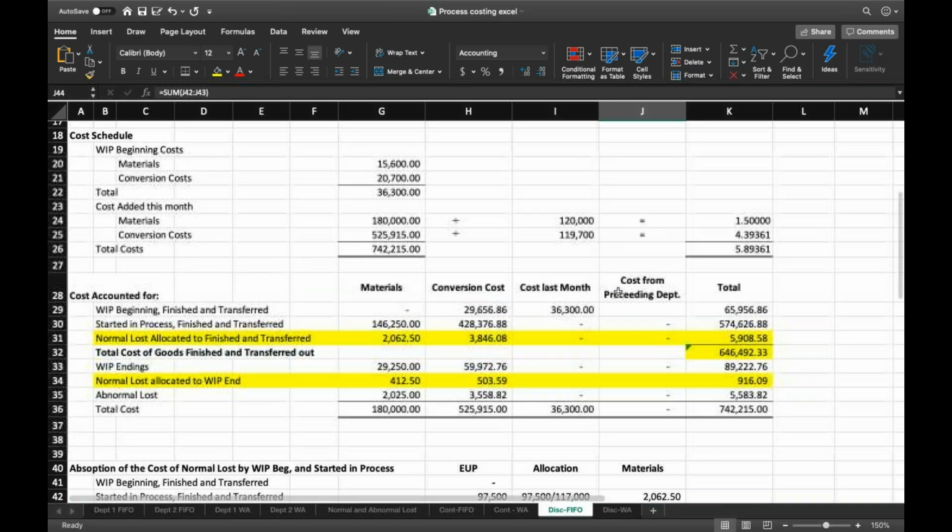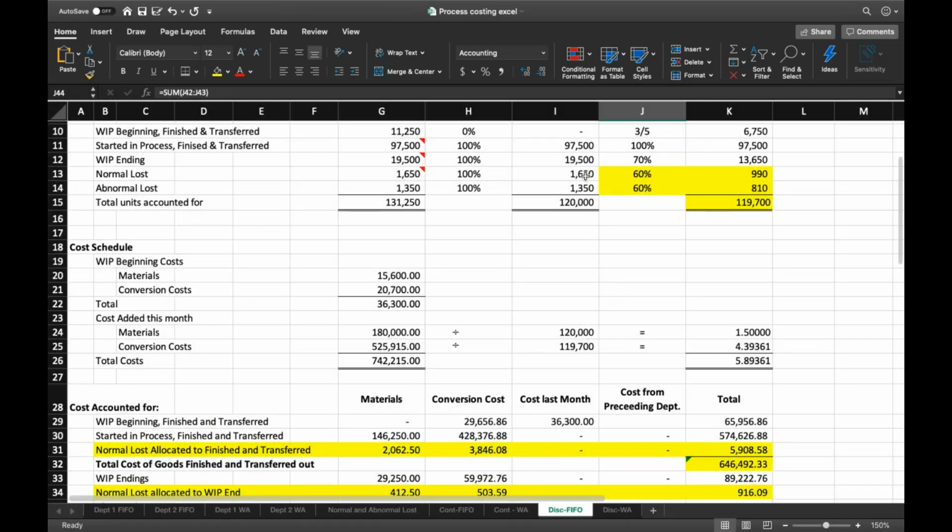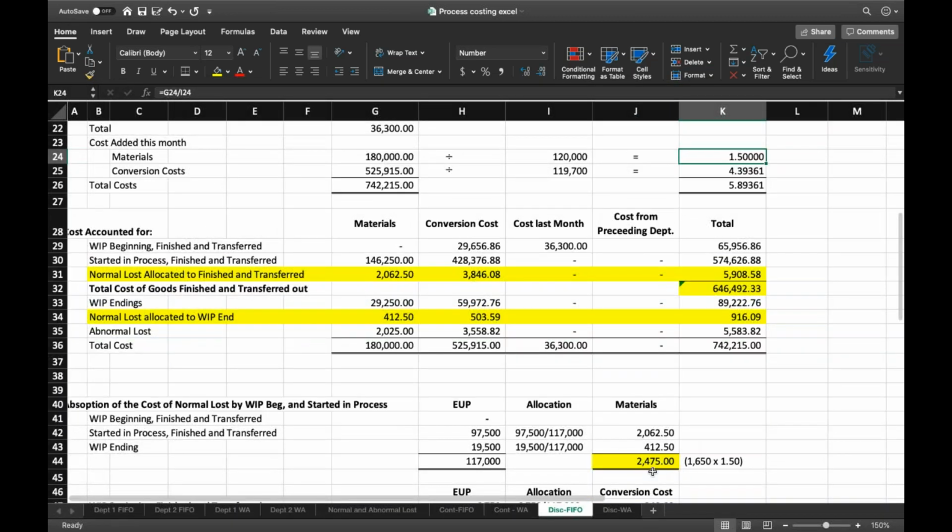How did we get 2,475? That is 1,650 times 1.5. Yan yung nai-apply na cost of materials sa ating normal loss, 1,650, 100%, di ba? 1,650 times 1.5, that is 2,475.